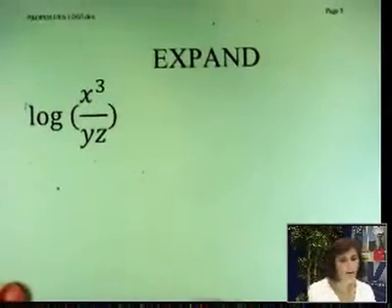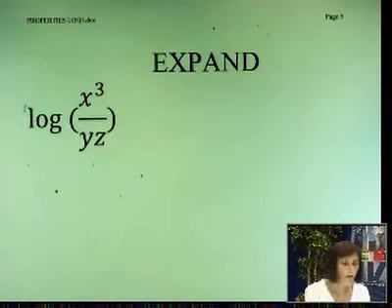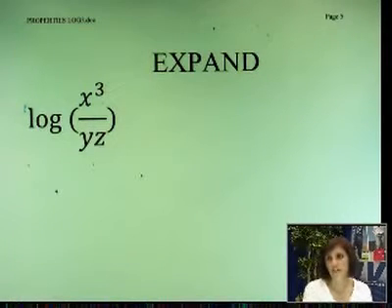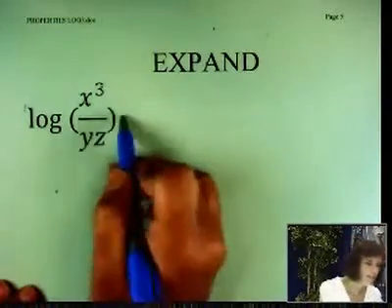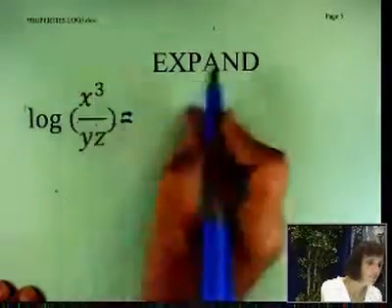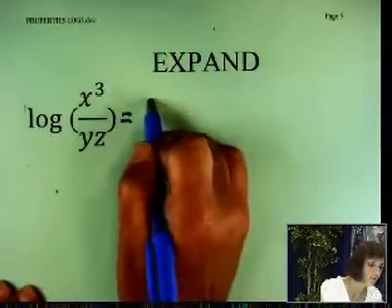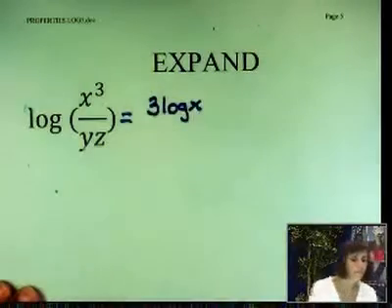You may see questions now that say, oh, expand this. You have already done the exponents, so let's practice with the logs. So when you have something like this, what does that mean? There is a power, so that goes in front of it. And since it's on top, it's going to be 3 log x.